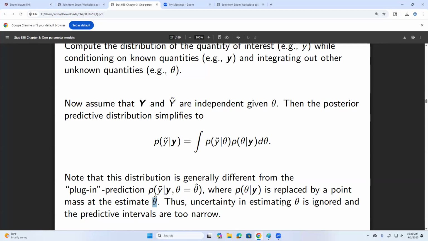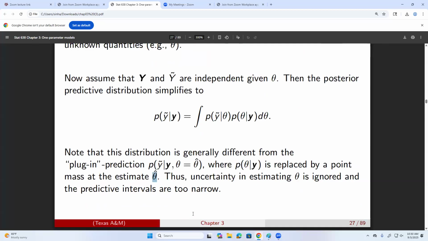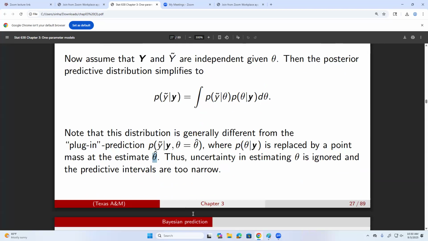Thus, uncertainty in estimating theta is ignored and the predictive intervals are too narrow. And I'll show you through one example that in some cases you get this distribution same as this one, but in some cases they are different.